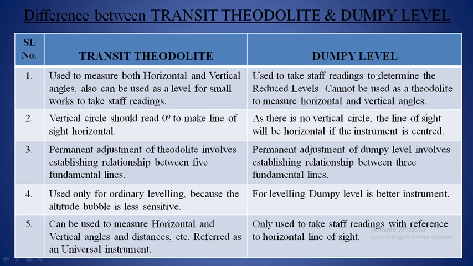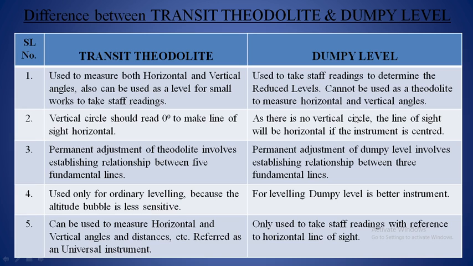But here in the dumpy level we can only take staff readings with respect to the line of collimation, and we can only determine the reduced levels here. We cannot measure horizontal or vertical angles.